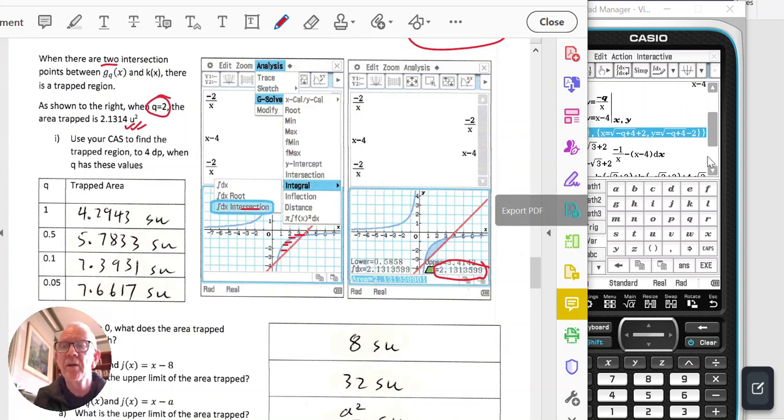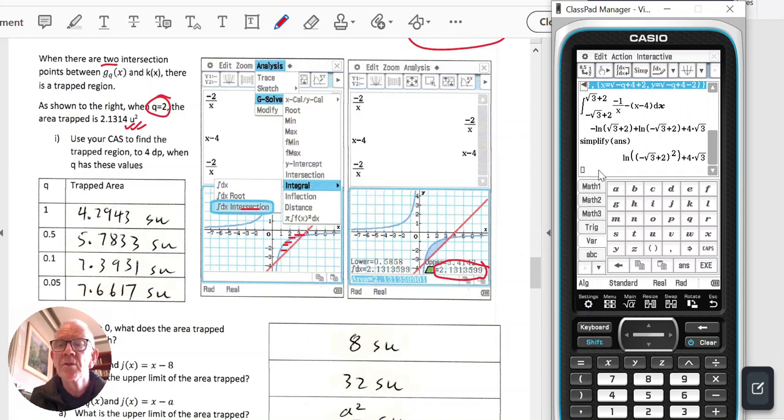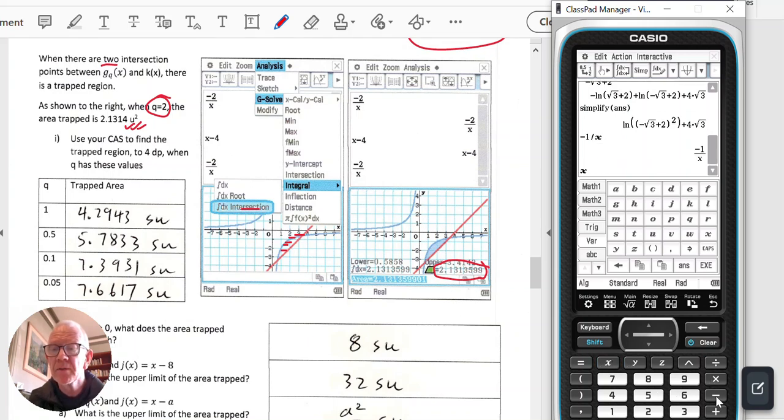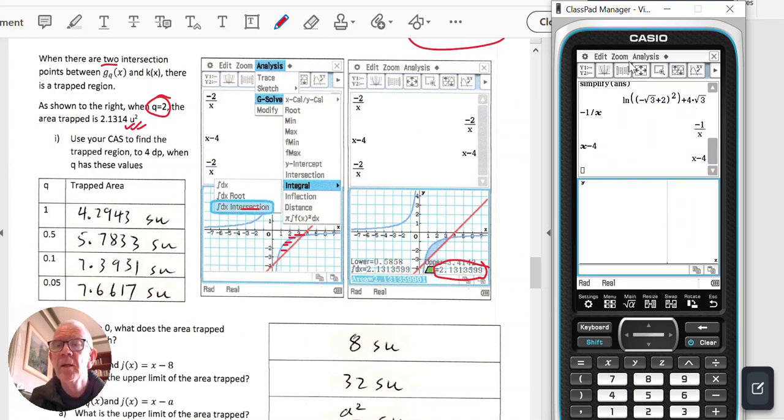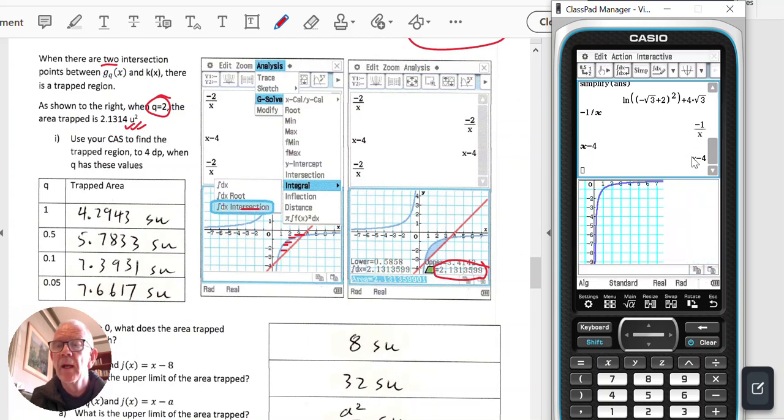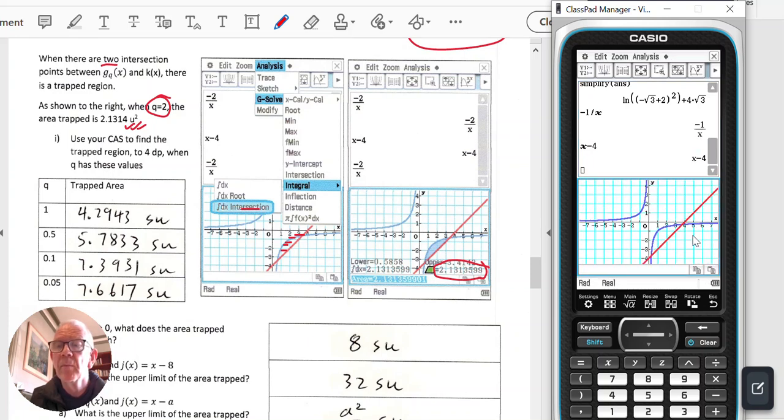Okay, so let's try these to get the rest of them. I start with negative 1 divided by x, and x minus 4. Open up a graphing window, edit, clear all. Okay, so 1 on x and x minus 4.